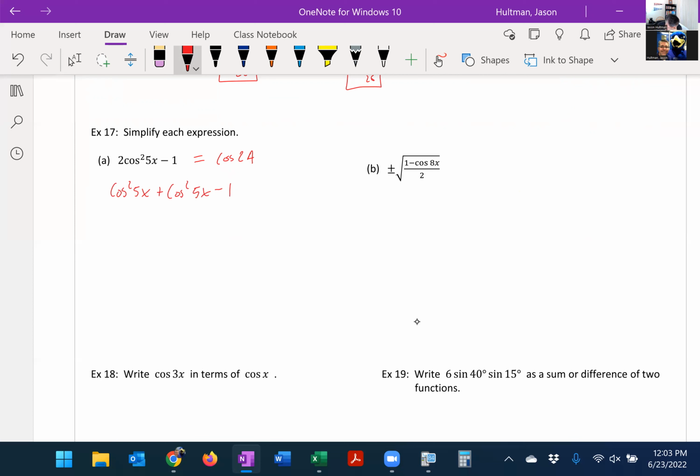And this thing here is really the negative of sine squared, right? Because if I pull out a negative, this becomes negative, cosine squared 5x plus 1 is really 1 minus cosine squared 5x, which is really from the Pythagorean identity.